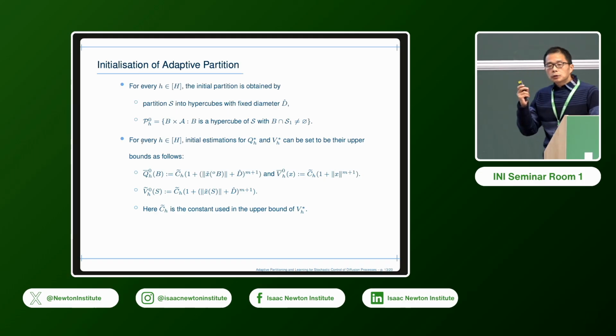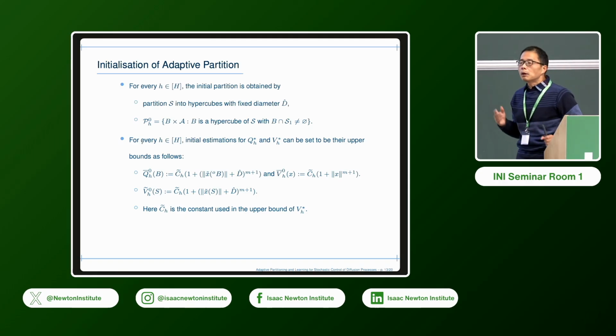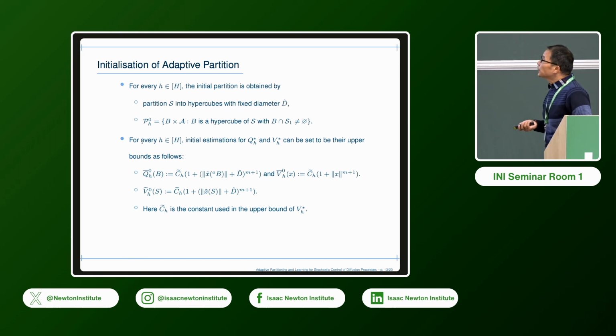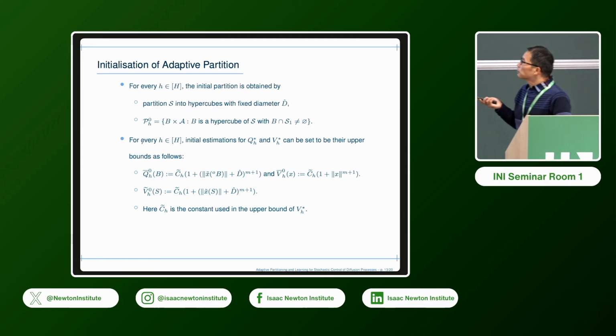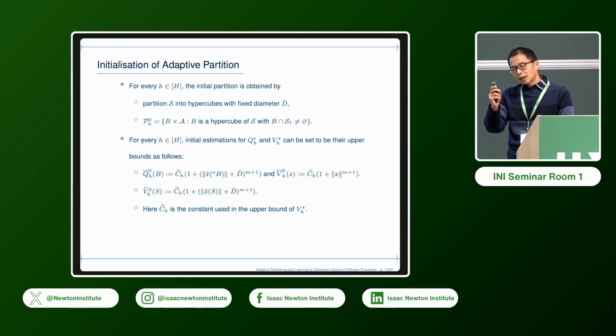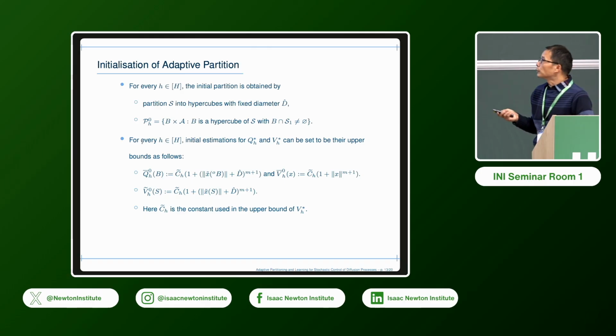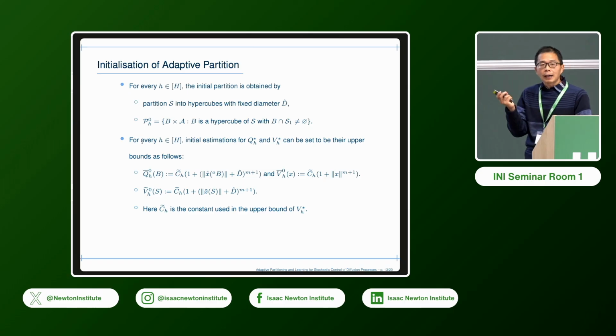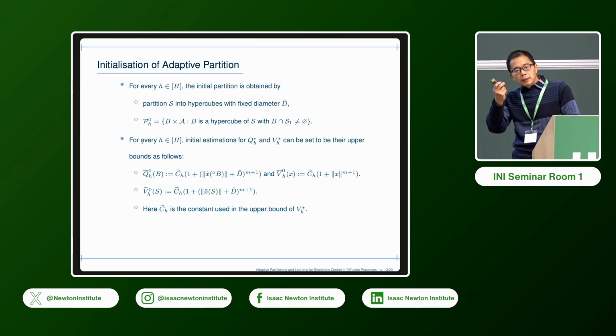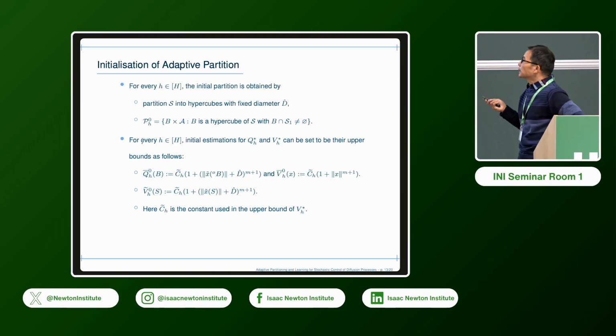We also need to set up the initialization of our estimation of the Q function and the value functions. And this is quite straightforward. The initial estimation must be an upper bound, must be bigger than the real value function and the Q function, right? So we simply pick some upper bound we estimated at the beginning of those value functions, like Q bar is this one, V bar is this one. Because here we have the polynomial dominance property of the value functions, this is quite easy to get.